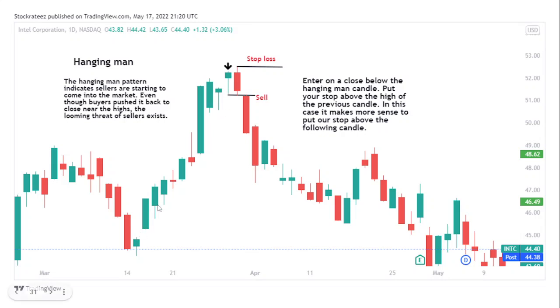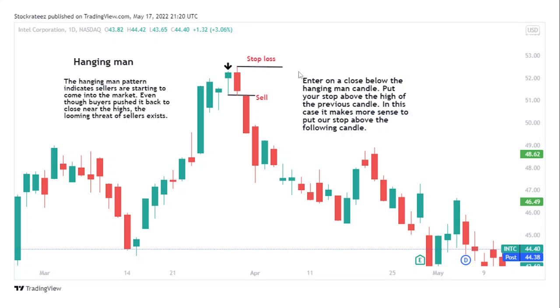Because if we look up here, we have pretty strong momentum. Buyers are pushing this thing up. But as soon as we see these wicks on the hanging man, we see bulls might be starting to lose a little bit of steam. They're losing a little bit of momentum.